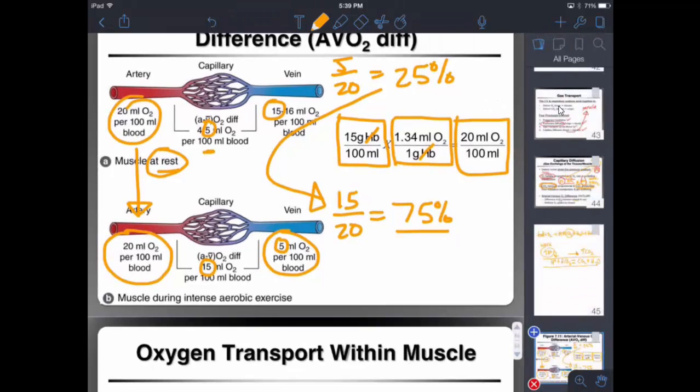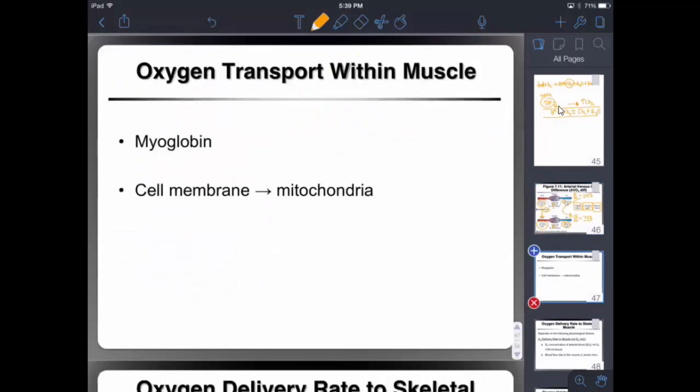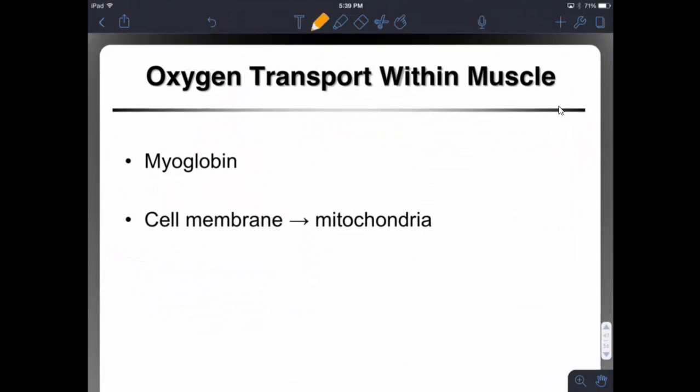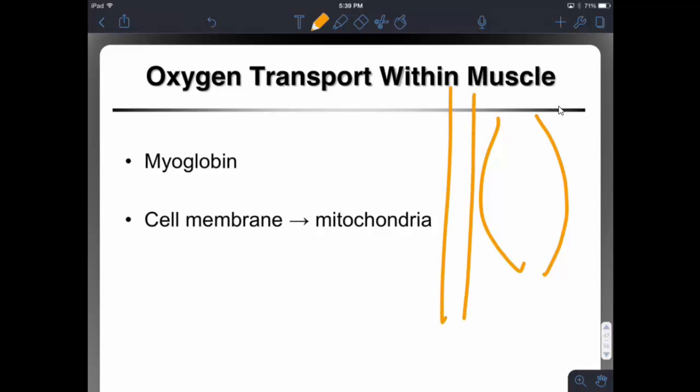The last thing I want to talk about here is once the oxygen is unloaded in the capillary blood and it gets into the muscle cell. So we had hemoglobin let go, oxygen went into the muscle. When it gets into the muscle, it gets picked up by myoglobin.